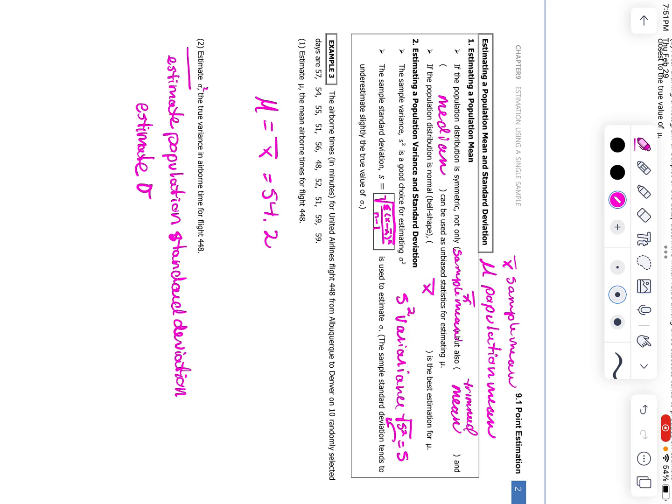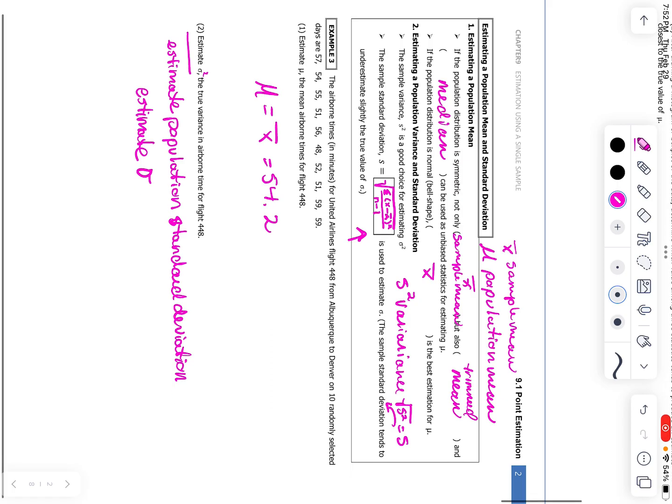And so we can do that either by the formula right here, or we can do that by calculating with our calculator. Now, if we did it by the formula, we'd have to take each of the data points. We would have to take 57 minus the mean, square it, divided by how many are in our sample? 1, 2, 3, 4, 5, 6, 7, 8, 9, 10.